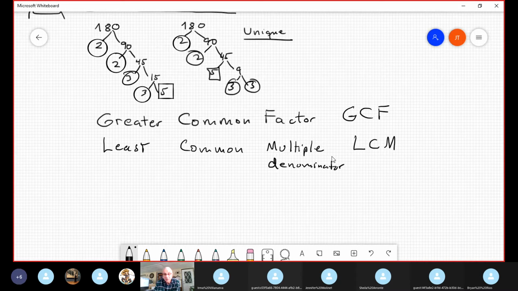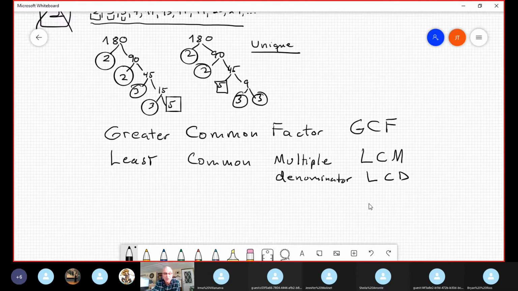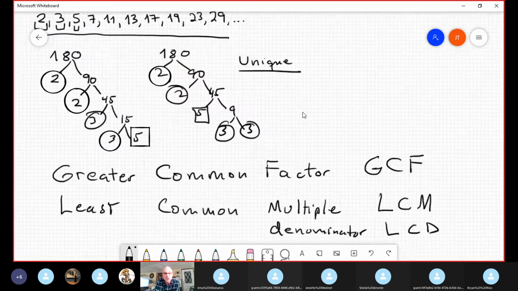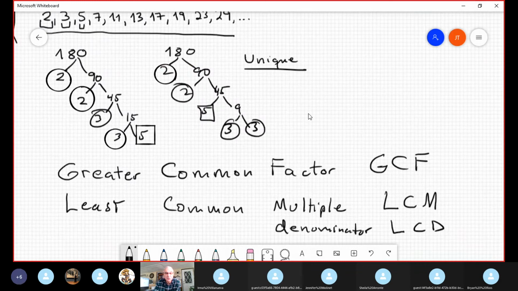So when it's denominator, it's called least common denominator, LCD. Find the LCD. What is the formula for finding greater common factor? And what is the idea behind greater common factor and least common multiple? Okay. I forgot that part because I want to use it now to express it.